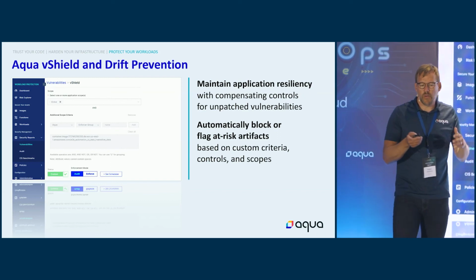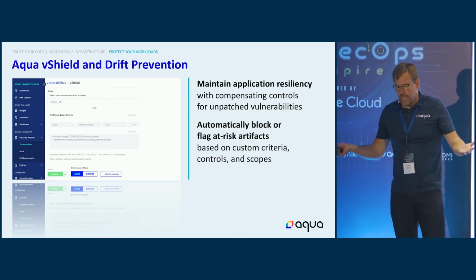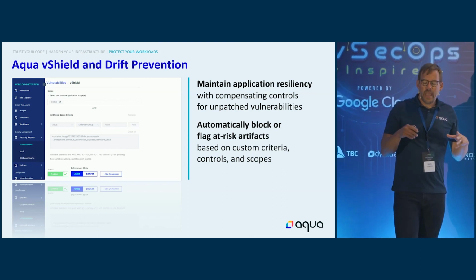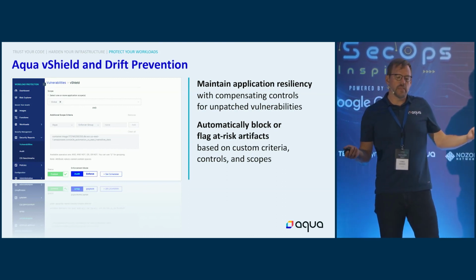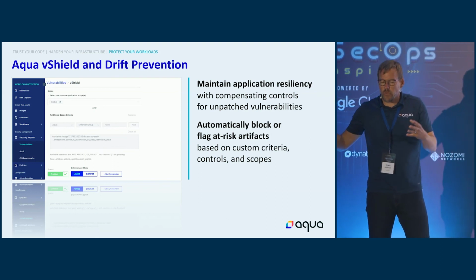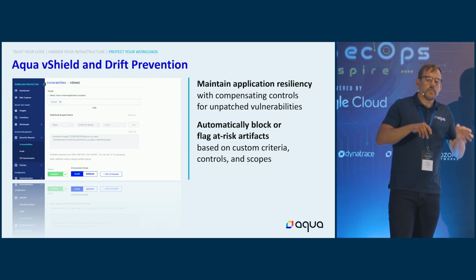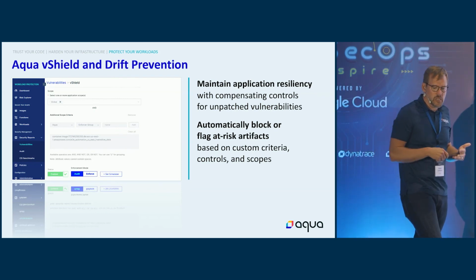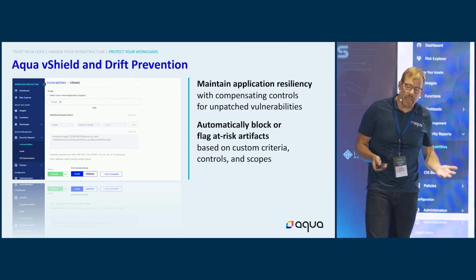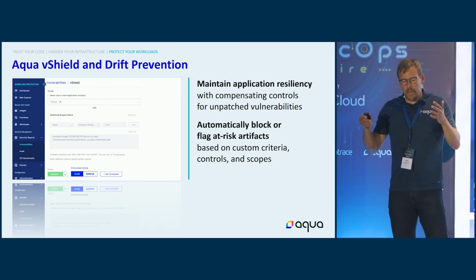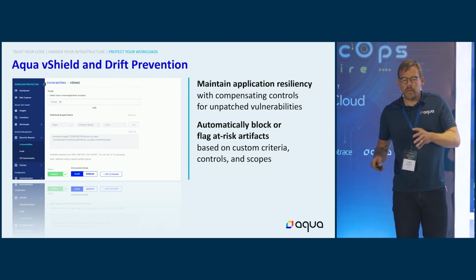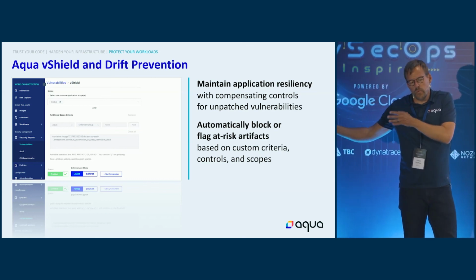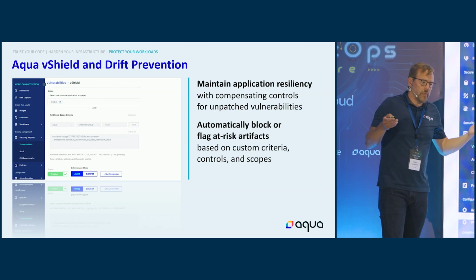So we can block, for example, if your operating system or your container brought in a library that is not essential for your application, we can block the execution of this library, and then you can run this container until your development team has shipped a new container. So you don't need to run an escalation, and this gives the developer time to not run under pressure and do proper testing before you ship a new version without the vulnerability.